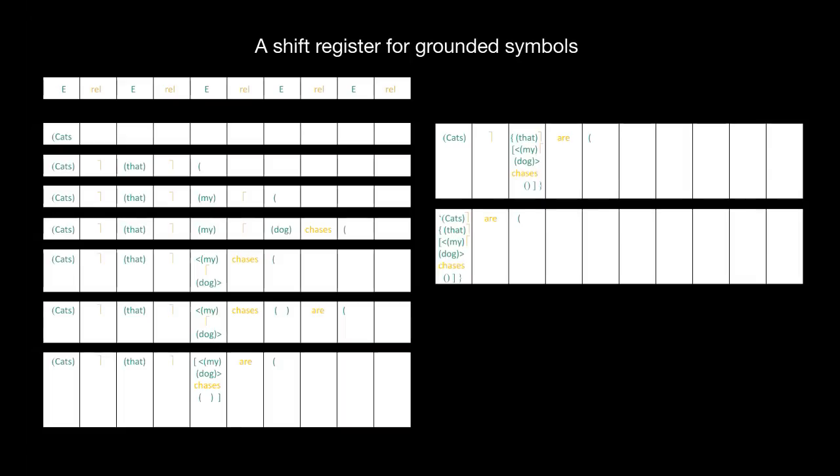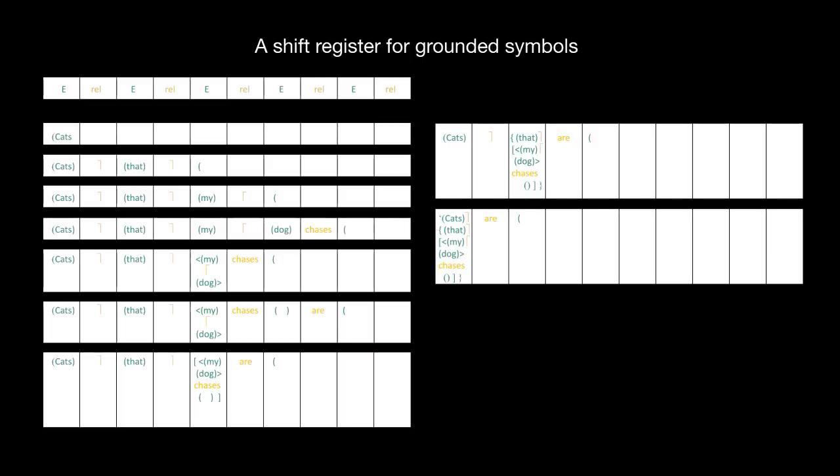So you have cats, that, because the dictionary definition of that is it has these two component things, because cat is going to go into that, and that is going to go into something else. Cats, that, my dogs, and so on. You keep building here. Now chase is a relation. These guys don't build much. Chases will build things. And what you want it to do is build my dog.